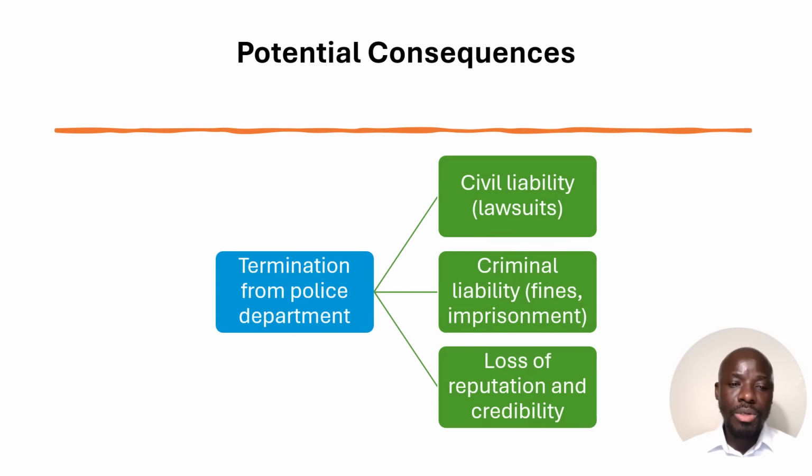The potential consequences for Lieutenant Thompson will involve termination from the police department, a civil liability lawsuit, criminal liability, that will be fine and imprisonment, and loss of reputation and credibility.